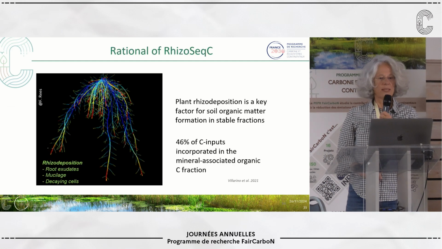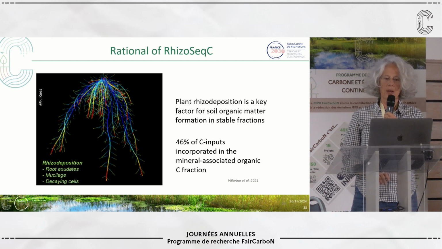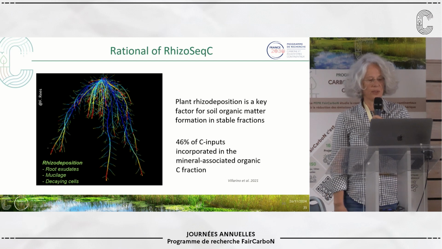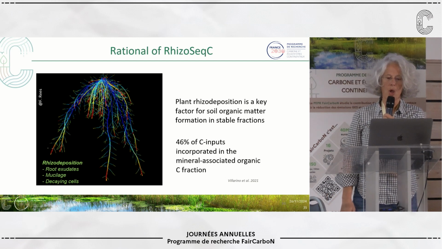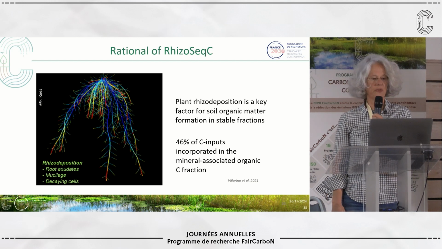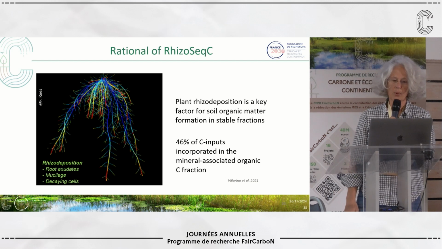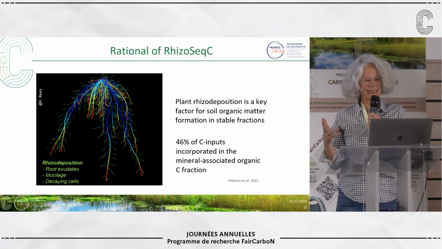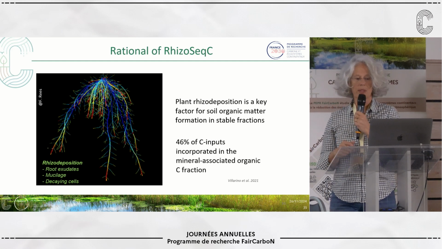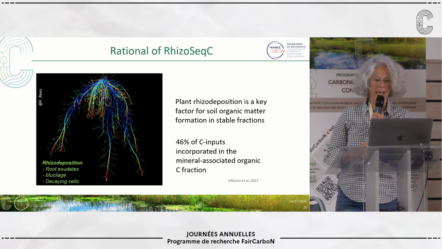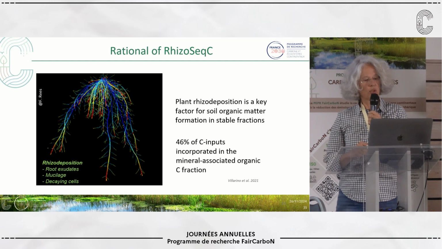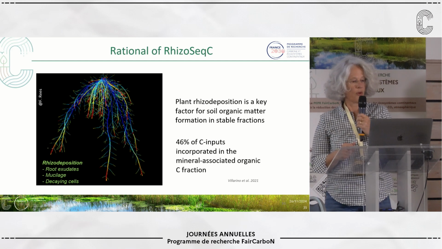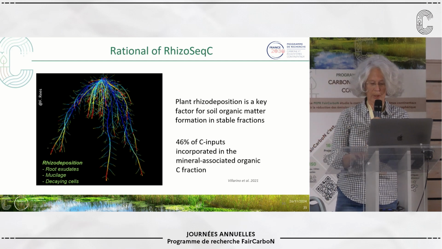So it's now well established that rhizodeposition of organics through root exudation, mucilage deposition, or degeneration of root cells represents a major input of organic matter that feeds into the stable soil carbon pool by associating with mineral phases. So our consortium thinks that genotype selection toward increased rhizodeposition may enhance root carbon inputs to the soil and could therefore be a promising, easy-to-implement management option for potentially increasing carbon sequestration.